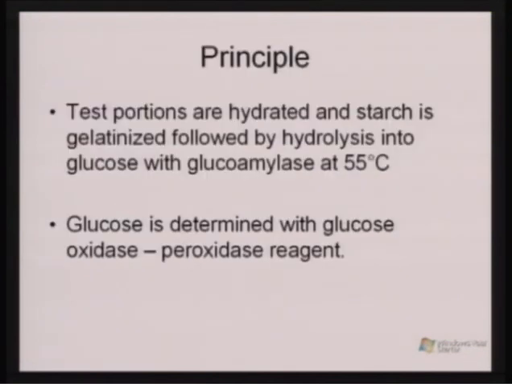Starch is important because it converts into glucose. The basic principle of this methodology is that the test portions are hydrated and starch is gelatinized, followed by hydrolysis into glucose with glucoamylase at 55 degrees centigrade. Glucose is determined with glucose oxidase peroxidase reagent.